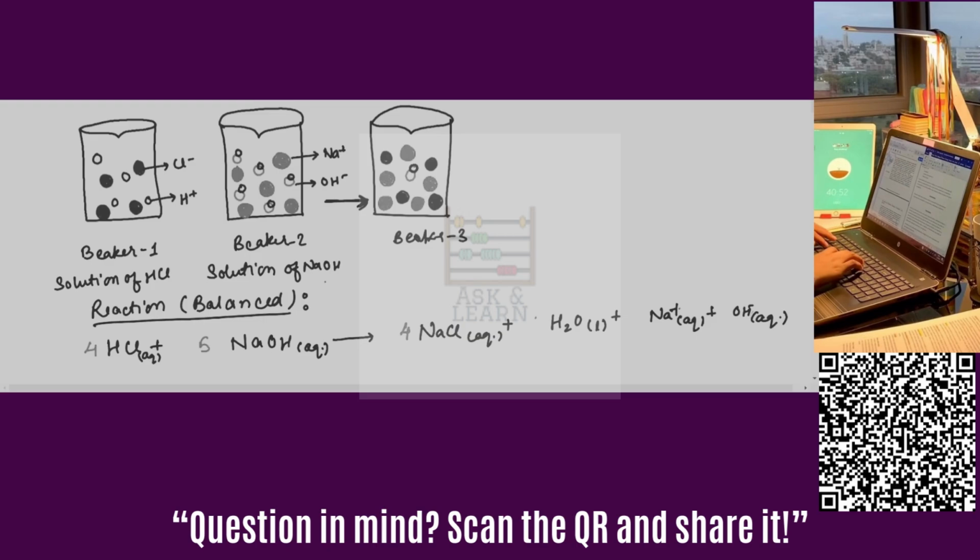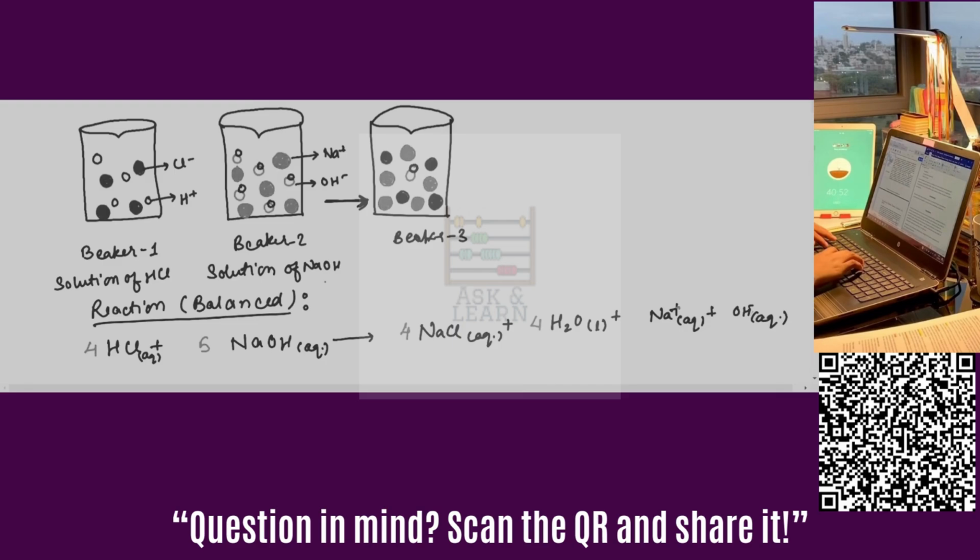We can easily find out the ions present in beaker number 3. So this will be 4 H2O liquid and Na plus only.